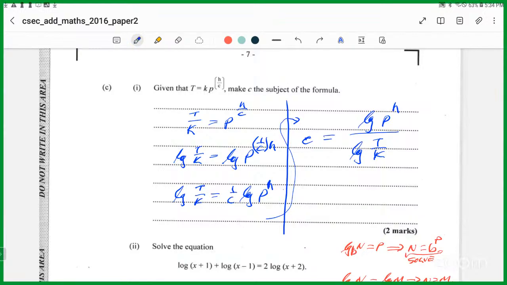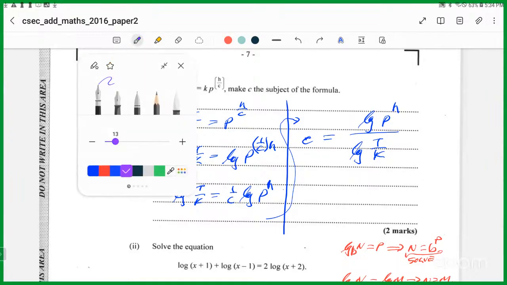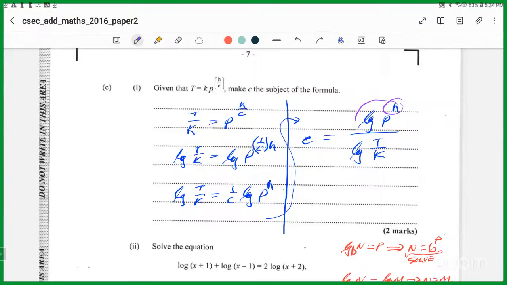But as I said, it doesn't have to be this, you know. Another expression I can see right off the bat, put right down in purple, is that this h could have come to the front. So it could have been c equals h times the log of p divided by, and this under here, if we were to break it out using the laws of logs, it would be the log of t minus the log of k.